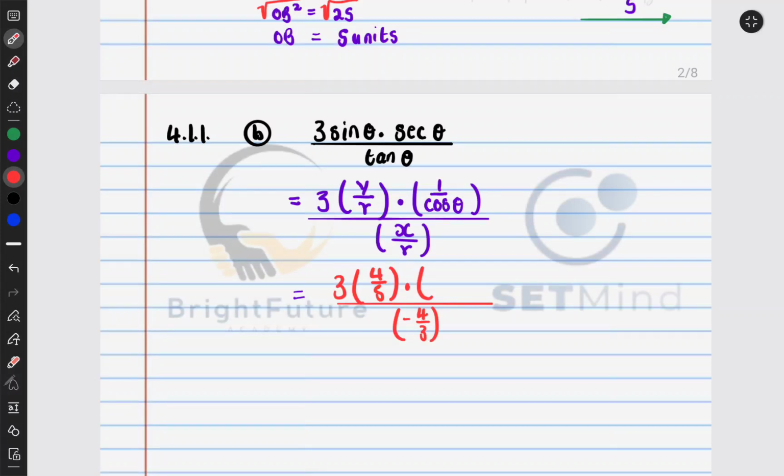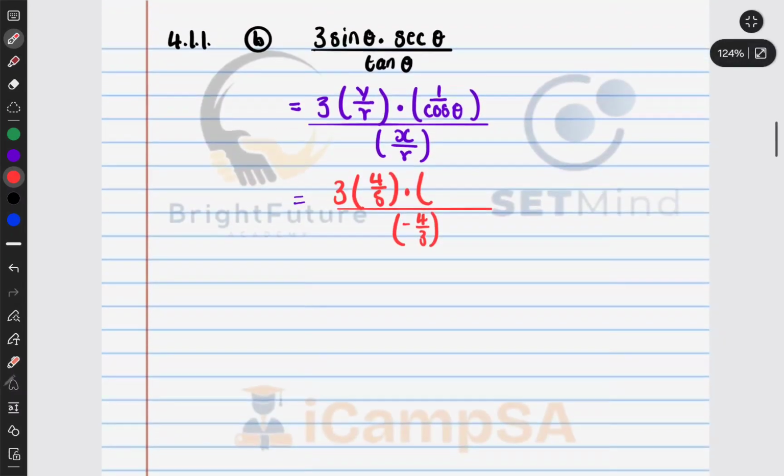The other way that we can do this is to simply evaluate sec theta directly from the values we are given, because sec theta is the reciprocal of cos theta. Since cos theta is adjacent over hypotenuse, that means sec theta is hypotenuse over the adjacent side.